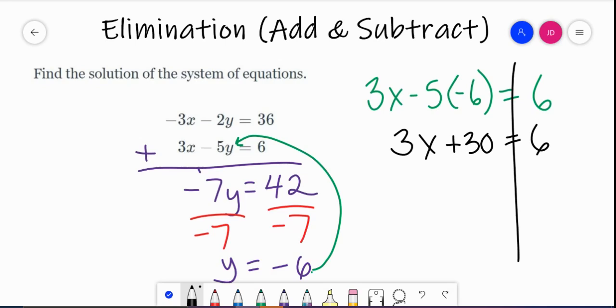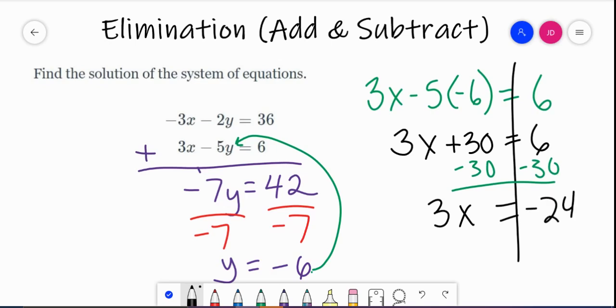Minus 30 from both sides. I'm going to get negative 24. Divide both sides by 3. And I'm going to get my answer: x is negative 8.